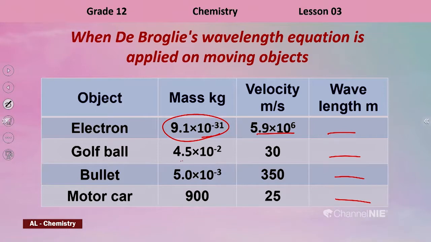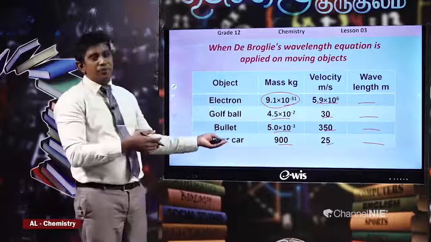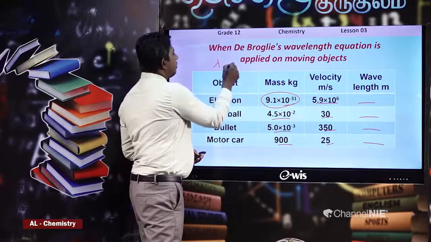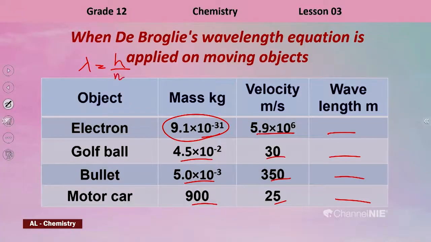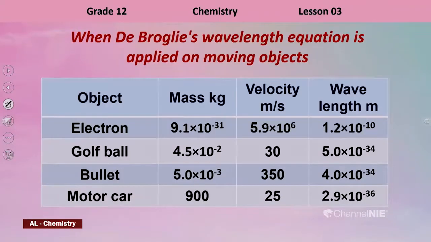So a golf ball and a bullet the next time and a motor car, moving in these different speeds. When we try to apply these values in that equation, the equation is lambda equals h divided by mc, the velocity into mass. So then students, you would end up with these answers standing for its wavelength values.